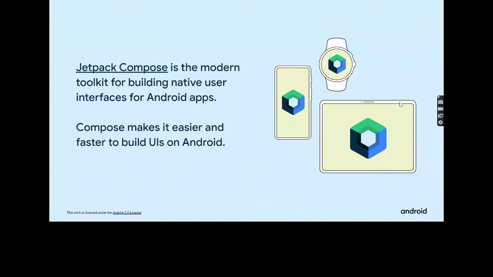So it is a toolkit through which you can overcome all the resolution issues, build once, and use it everywhere. This makes it much easier to build UIs in Android. You don't need to hard code everything here. So that is where the importance of Compose comes in.